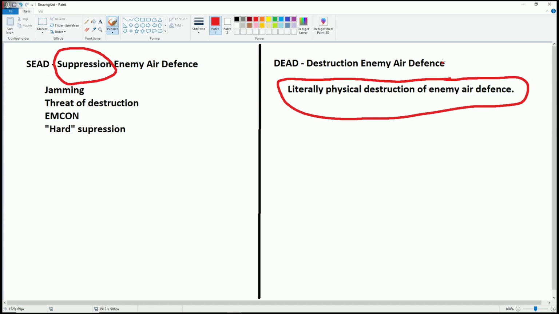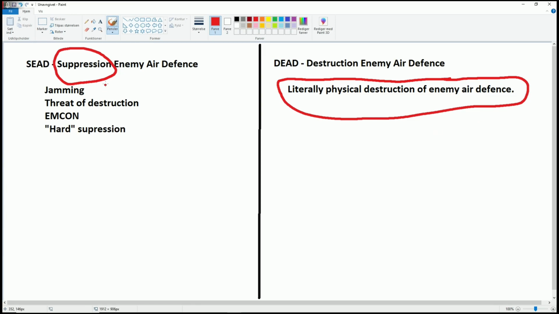Therefore, it can be more effective, in conjunction with the SEAD package, to destroy the enemy radar, so they are forever and ever out of the game. For that, you can use SEAD to suppress the radar while the strike package goes in and physically drops a bomb or missile or anything on it.